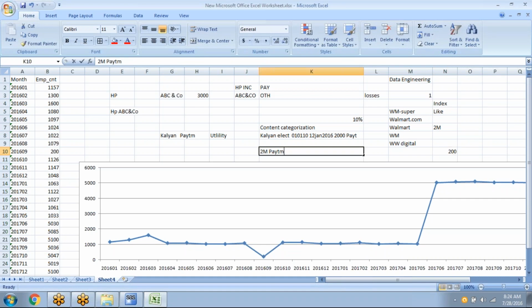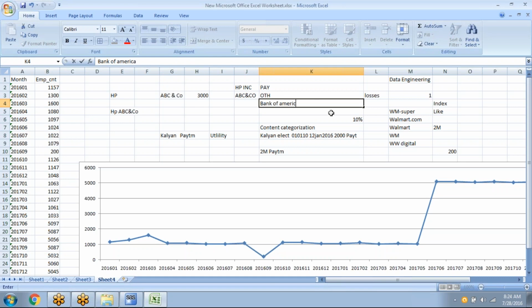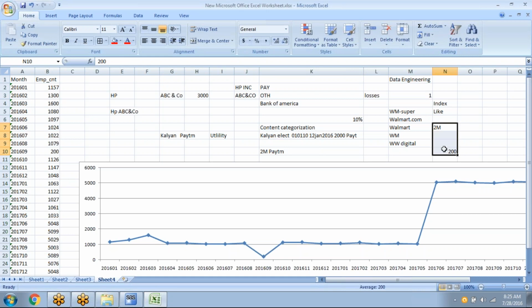Are we losing this customer? Maybe he has started a relationship with some other bank like Bank of America, opened an account there, and doesn't want to continue a relationship with Wells Fargo anymore. So what could be the reason? How will you come to know there is a drop in the transaction count for Paytm on a monthly basis? So every month you need to monitor the health of each and every client.